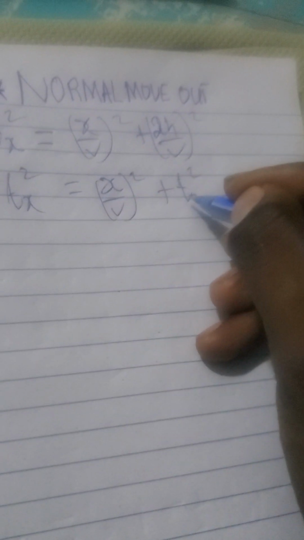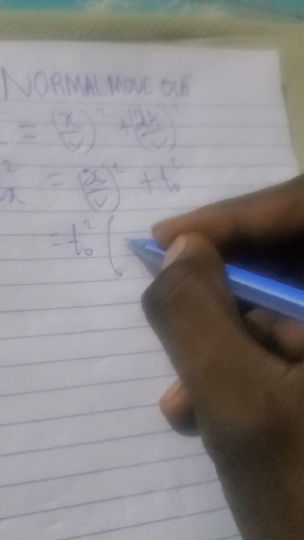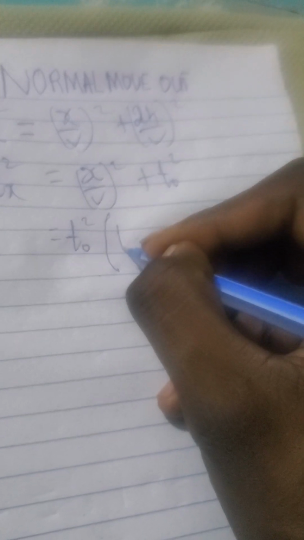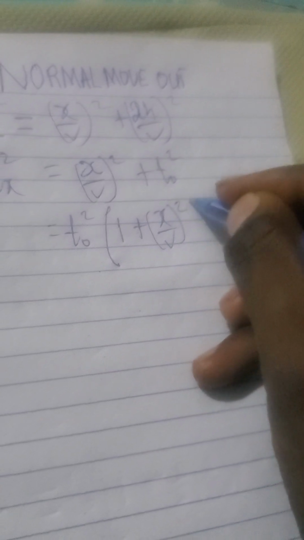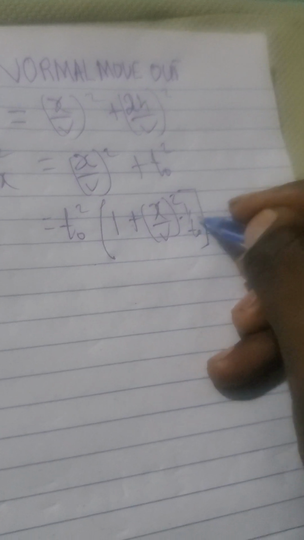You can try to factorize t naught squared outside. tx squared will be t naught squared times 1 plus x over v squared, over t naught squared.